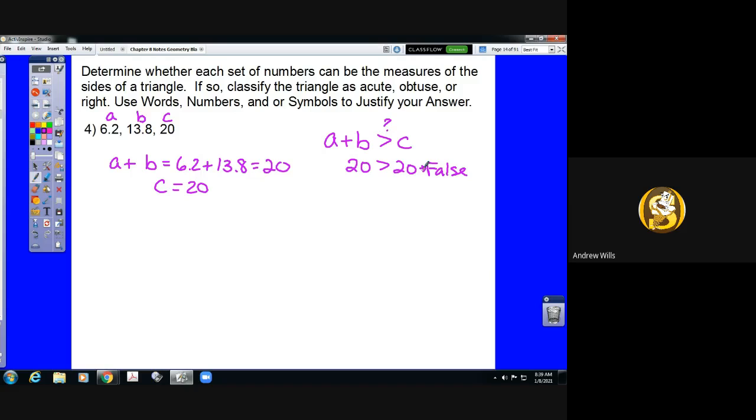Okay, 6.2 plus 13.8 is equal to 20. It has to be greater than 20 in order to form a triangle. So this is not only not obtuse, not acute, not right. It is not a triangle at all. And that should be the answer to the question. Not a triangle. Okay? So don't forget, you've got to mentally check for that. The two smaller sides have to be bigger than the third side in order for it to even be a triangle.